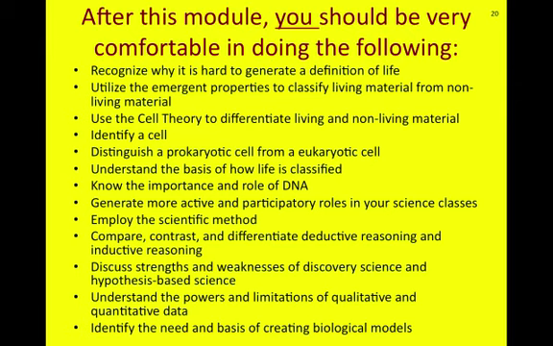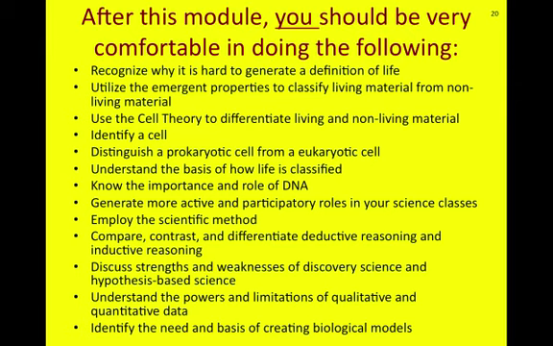Number 1, recognize why it is hard to generate a definition of life. 2, utilize the emergent properties to classify living material from non-living material. Use the cell theory to differentiate living and non-living material. Identify a cell. Distinguish a prokaryotic cell from a eukaryotic cell. Understand the basis of how life is classified. Know the importance and role of DNA.